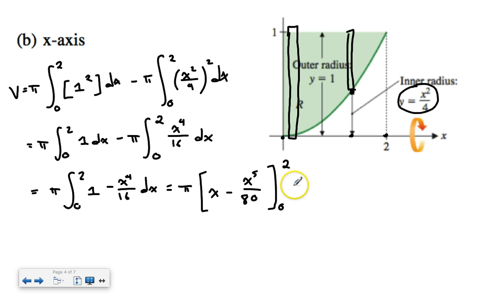So I can say that this is equal to pi times 2 minus 32 over 80. And when that all gets simplified out for the sake of time, this is actually going to be 8 pi over 5. And that's what my volume equals.